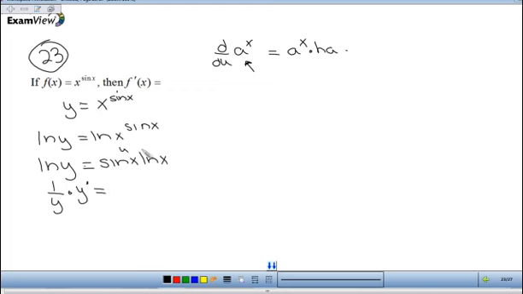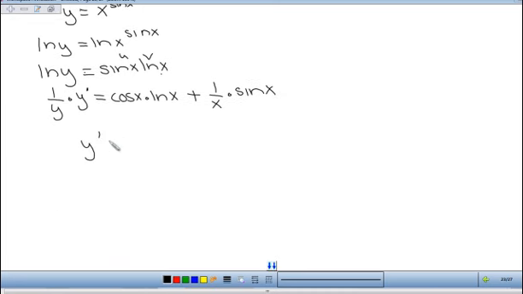I'm going to have to use the product rule. The derivative of u times v plus the derivative of v times u. So we have y prime is equal to cosine of x ln x plus sine of x over x, times y.